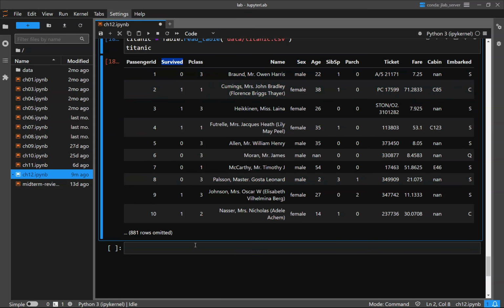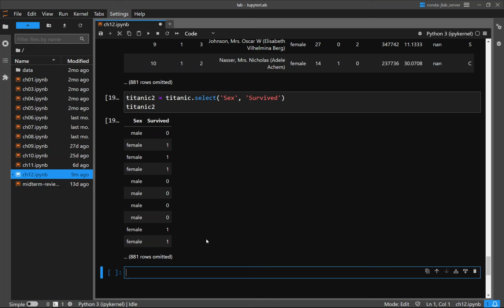I'll call that Titanic 2, because that's all you really need, right? And from this, these are all the people on the Titanic. Either they were male or female, and they survived or they did not survive. The question is, did more men or more women survive? Were women more likely? That's our question.